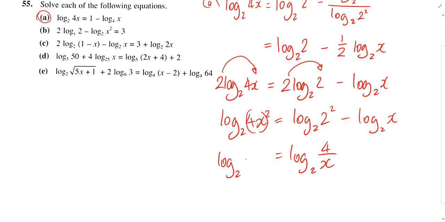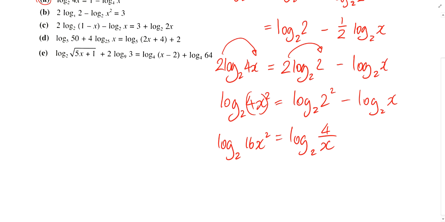Log base 2 16x squared. All of you agree so far? What do we do now? What is the next step then? Say again? Okay, 16x squared equals 4 over x.